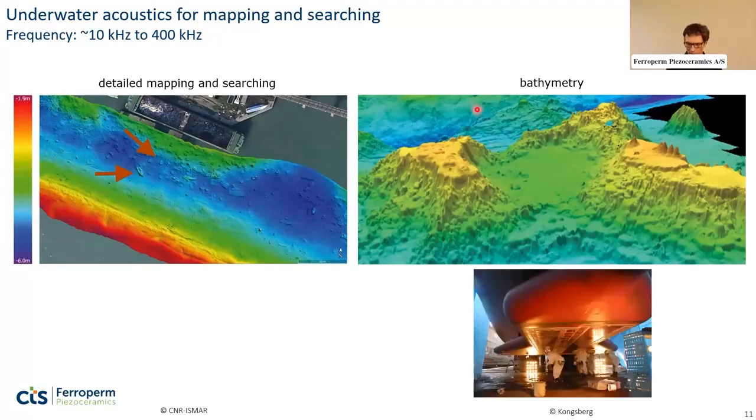I have one example here of a very large transducer array. You see there are 3 persons working on mounting this at the bottom of the ship hull, and this is actually quite large elements, and the resonance frequency may be as low as 12 kilohertz, and with such a low frequency you can actually have a very large distance where you can map the bottom of the sea.